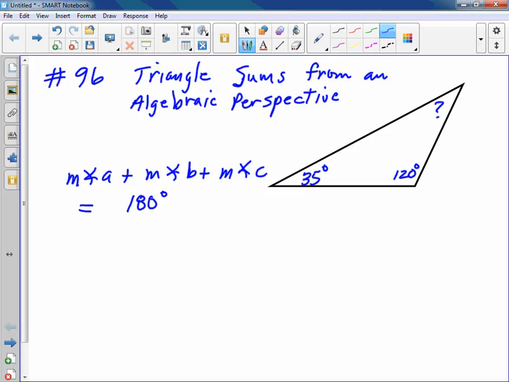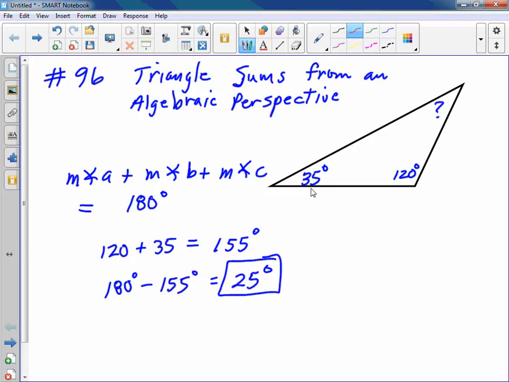To begin with, 120 plus 35 equals 155 degrees. Then how much is left? 180 minus 155, all degrees of course, equals 25 degrees. Not too bad.